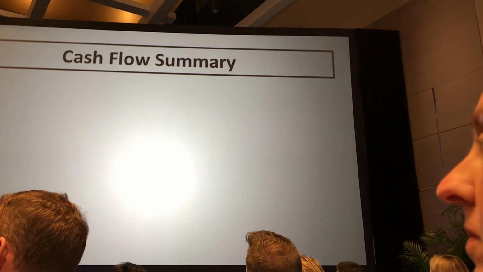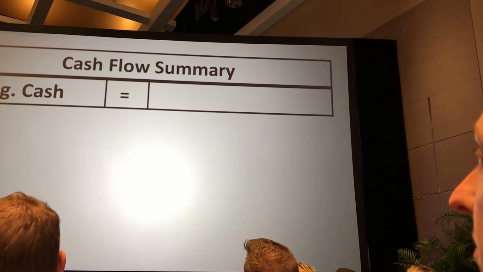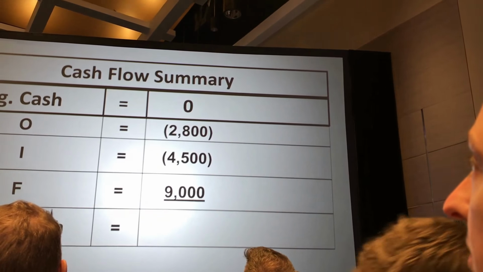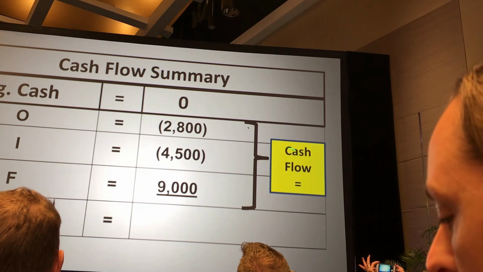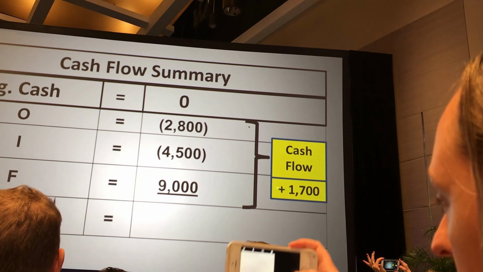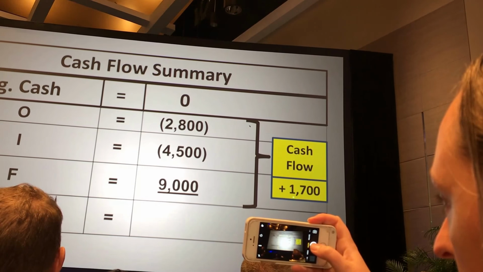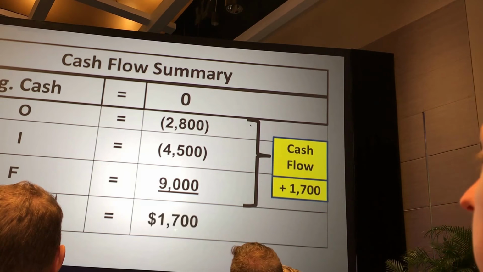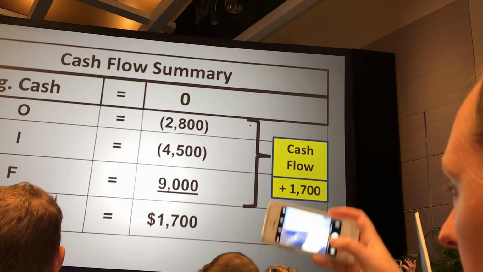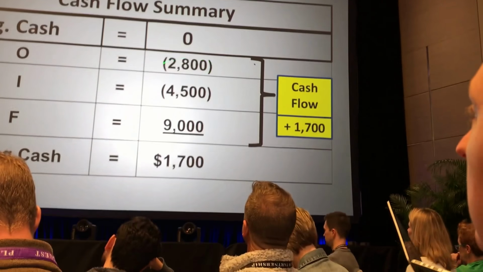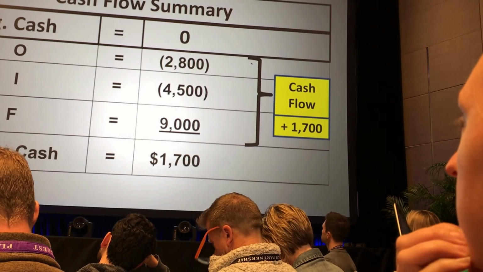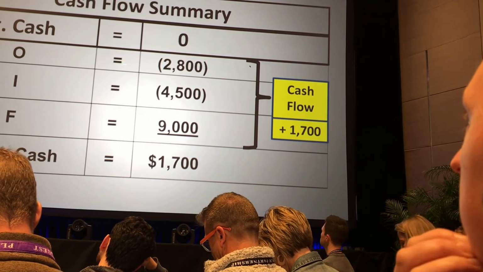The cash flow summary of this business is we have beginning cash is 0, then we had O, I, and F cash, and so the cash flow of this business was $1,700. We started with 0, we had $1,700 of cash flow, so ending cash is $1,700. That makes sense. Problem is, when I really look and see what's going on, this business has a problem right here. This is a major tumor.